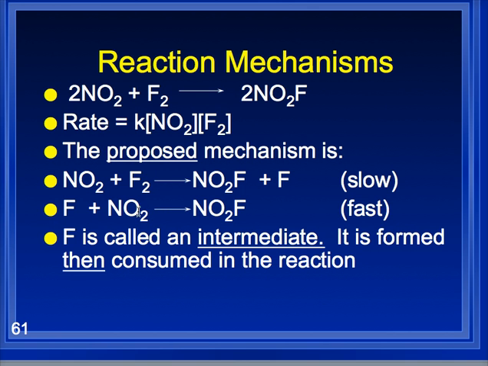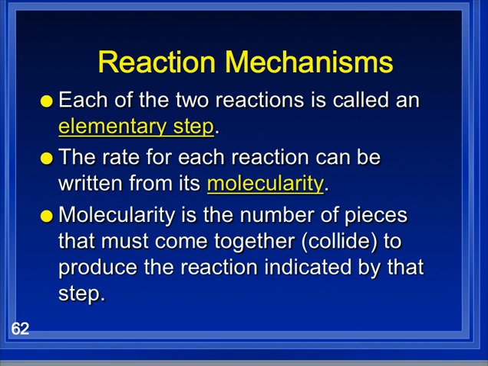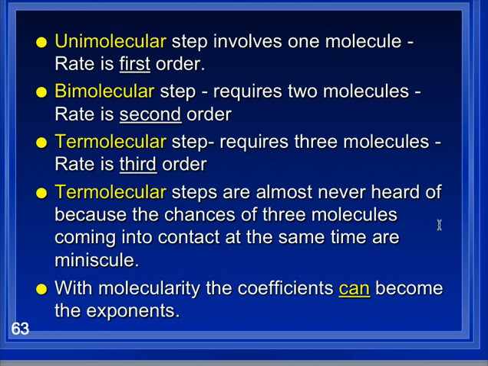Second step, also a bimolecular reaction. If there's only one molecule, it would be a unimolecular, and that reaction is first order. So it turns out the steps in a mechanism, the coefficients can be used to determine the order. But in an overall equation, you cannot use the exponent. So you have to look at the information given in the problem and decide, is this the overall reaction or is what you're given steps in a mechanism?